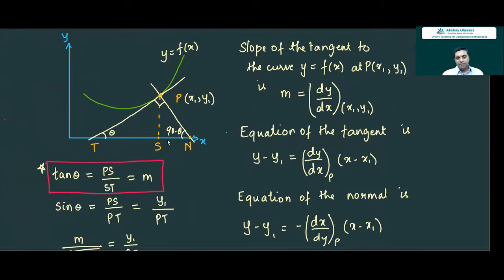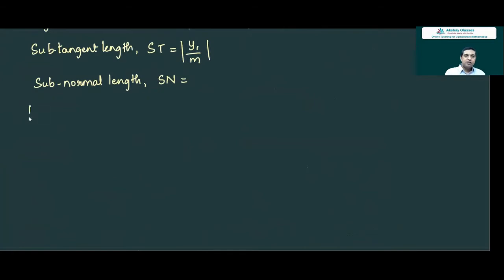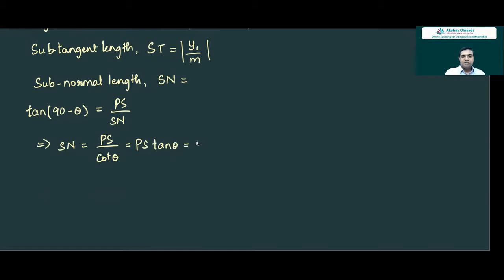So SN will be PS upon cot theta, which is PS tan theta, which is y1 times m, since PS is y1 and tan theta is m.